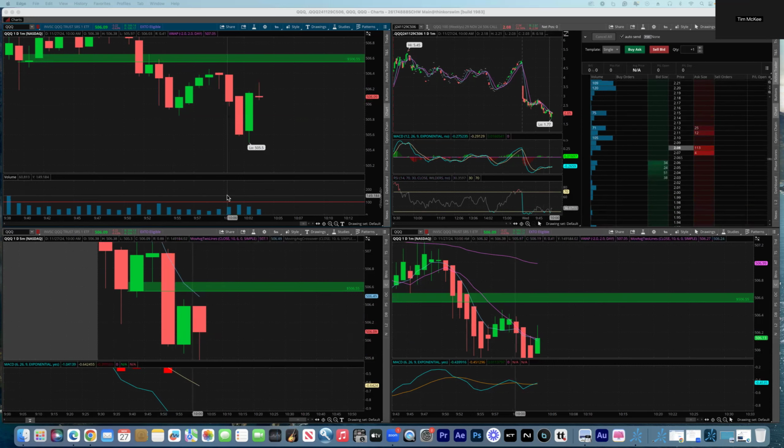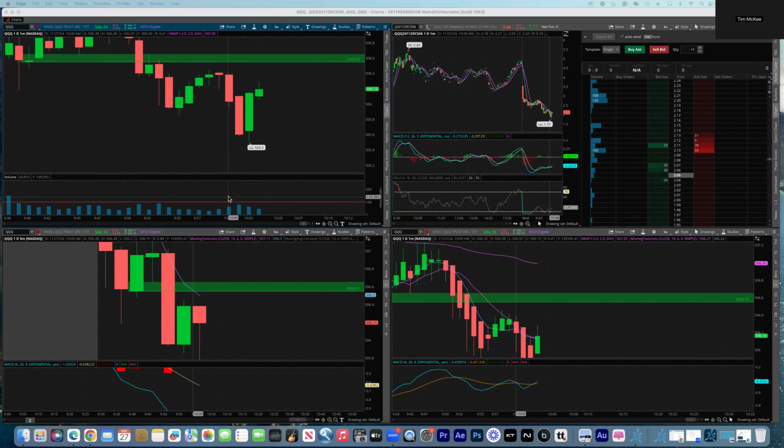So that pop at the top did have a push down, slightly more volume, really not much. Actually, the 10:01 minute was stronger.